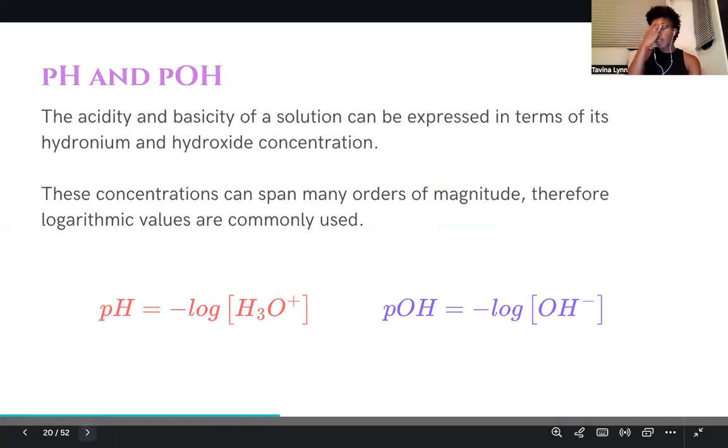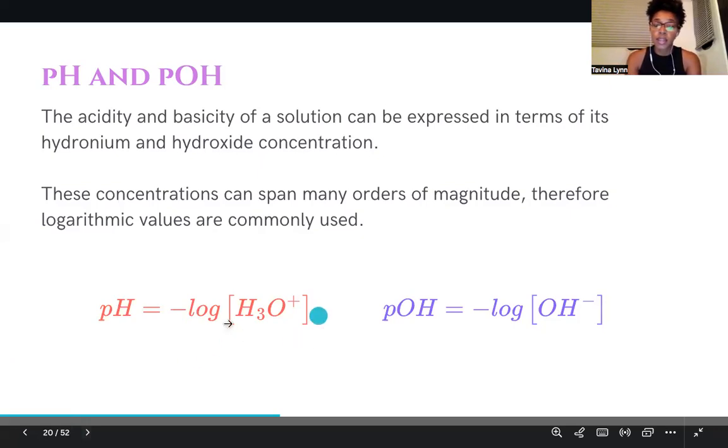So let's talk about pH and pOH. These are the measurements, this is how we measure the acidity or basicity of a solution. It measures the amount of hydronium ions or protons and hydroxide ions. Now, these concentrations can span many orders of magnitude. So you can think of it as normalizing these values by taking the log of the concentration of hydronium ions and hydroxide ions.